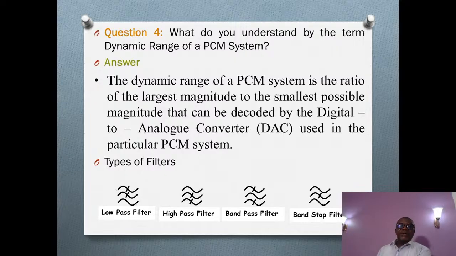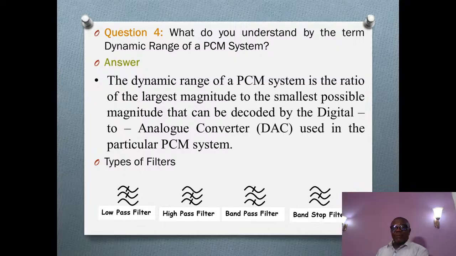I would say that the dynamic range of a pulse code modulation system is the ratio of the largest amplitude to the smallest possible magnitude that can be decoded by the digital to analog converter, which is used in any particular PCM system.